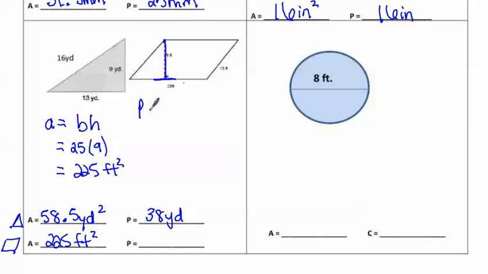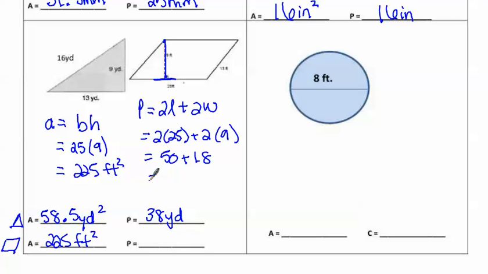The perimeter of the parallelogram is very similar to a rectangle. 2 times length plus 2 times width. Once we fill this in, we get 2 times 25 plus 2 times 9, giving us 50 plus 18, which equals 68 feet.